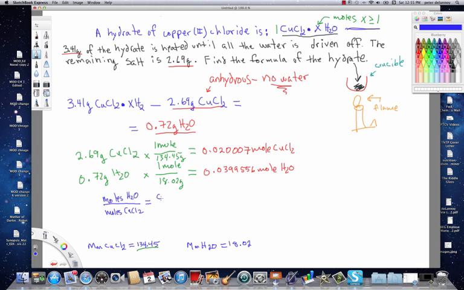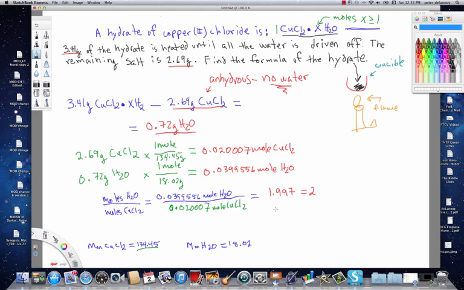So we're going to divide the moles of the water by the moles of the copper chloride. And what we get is 1.997 or 2.